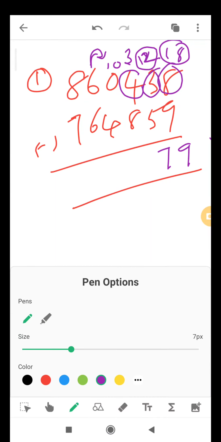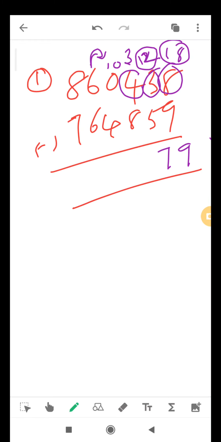Now after this is 10, from here you take 1. So that if you take 1, that will become how much? 13. From 13 you have to subtract how much? 8.